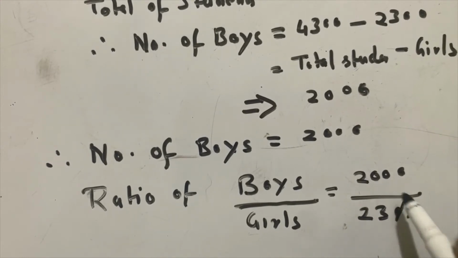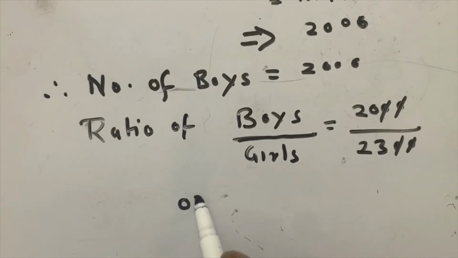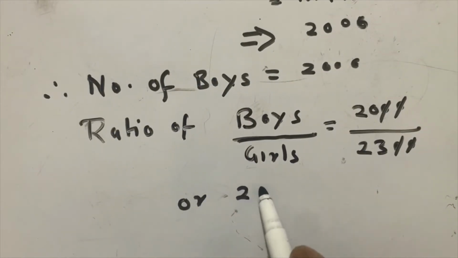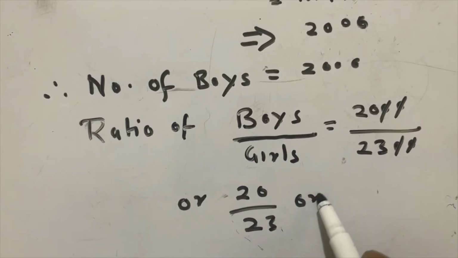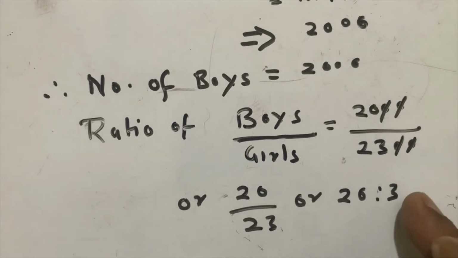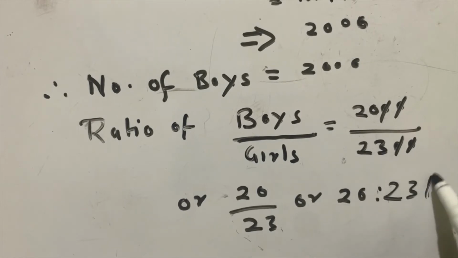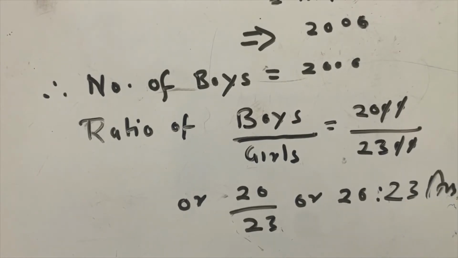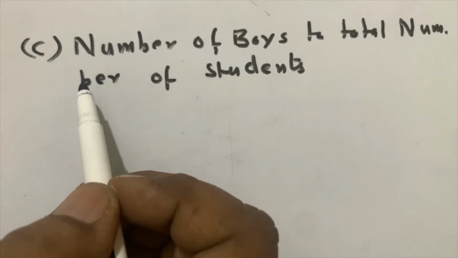Now cancel. 20 upon 23, or 20 is to 23. That is the answer.